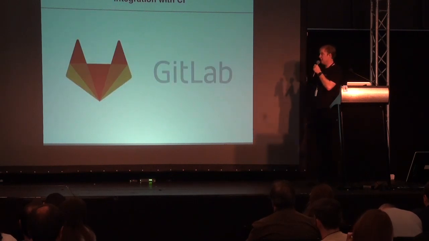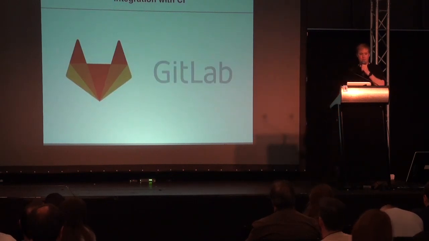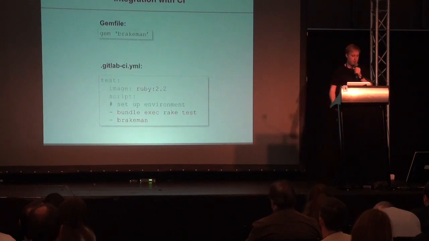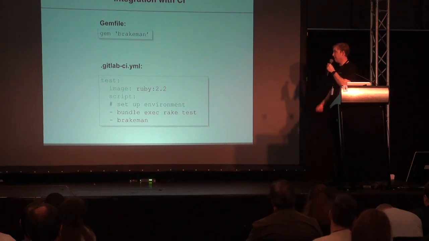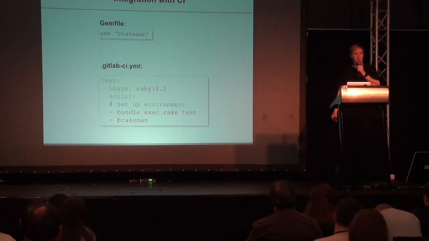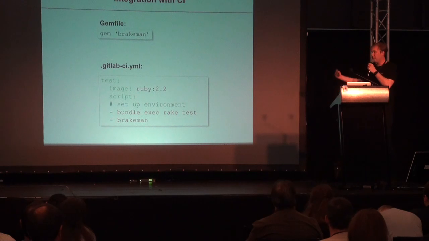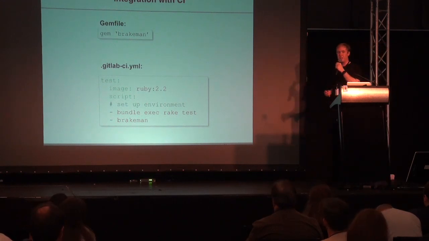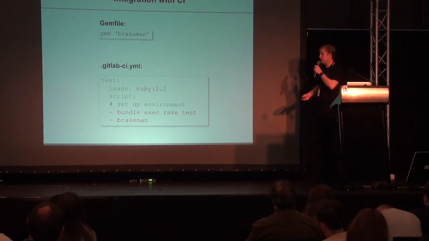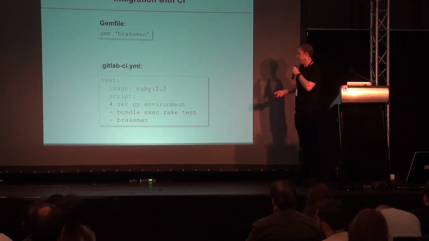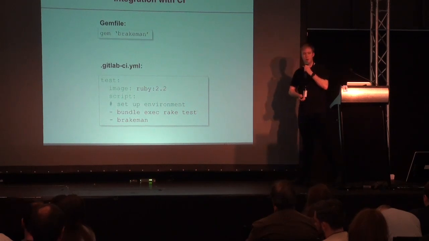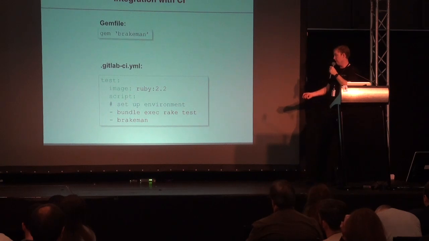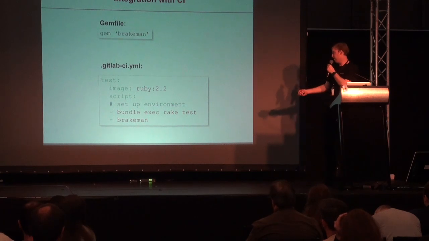So I'm personally using GitLab CI. And in the Rails world, to integrate Brakeman with that, in the Gemfile, I just say gem Brakeman, and that's basically the Rails dependencies file, and so that'll bring it on as a dependency whenever it's trying to build the project. And then within the GitLab CI, which is basically just what do I run each time I push code to the repository, it will execute those two bottom lines.